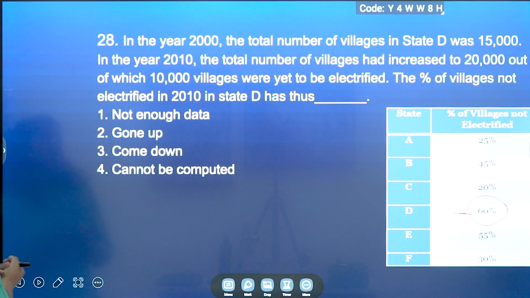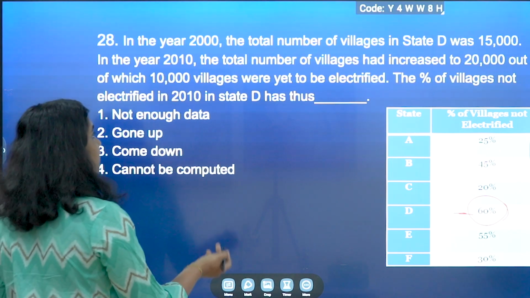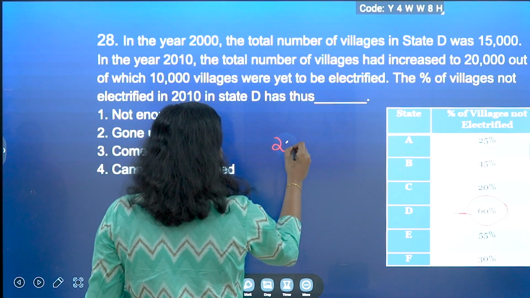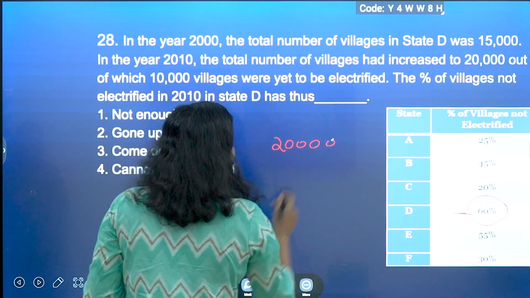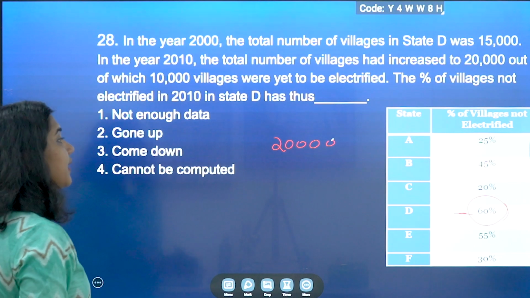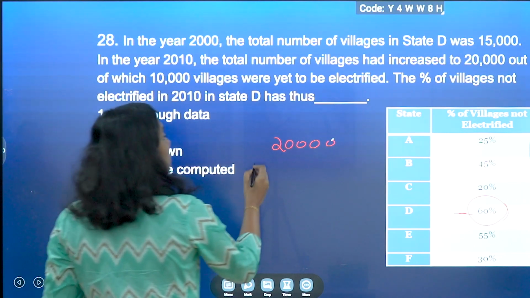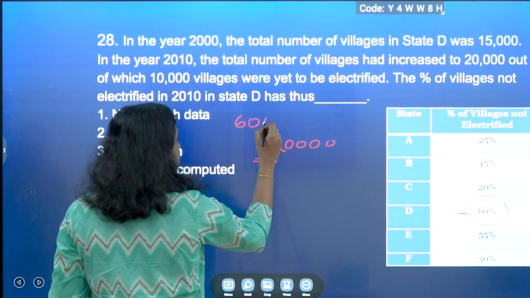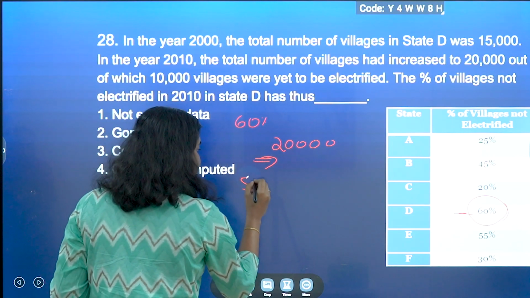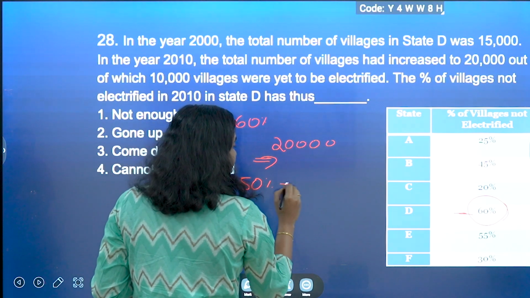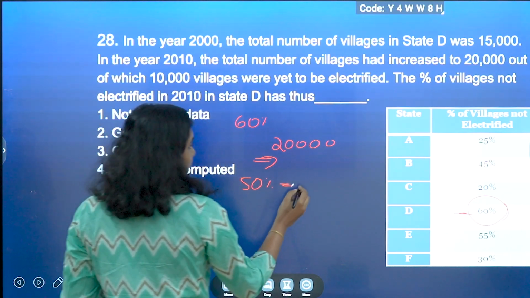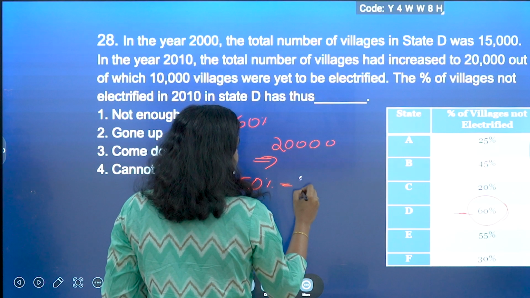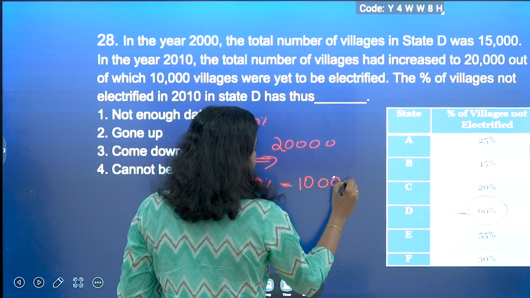Now in 2010, the number of villages is 20,000, right? So you have to find 60% of 20,000. 50% will be half of 20,000, that is 10,000.